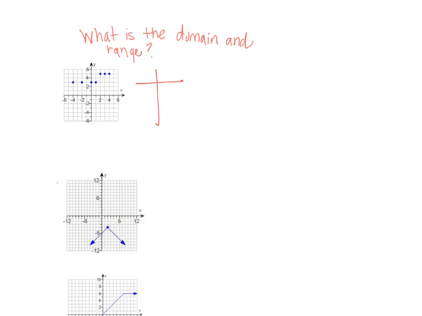So if we look at this first point here, this is the point -4, 3. This point here is the point -2, 3. This point here is the point 0, 3. This is the ordered pair 1, 3. Up here we have the point 2, 5.